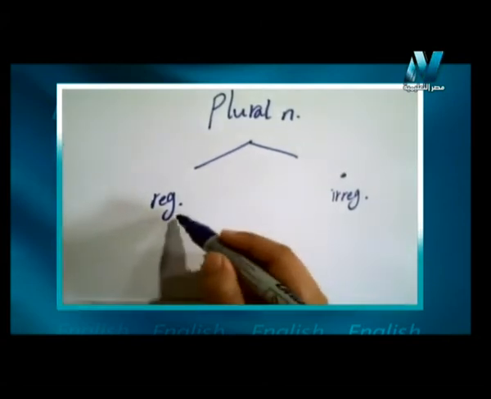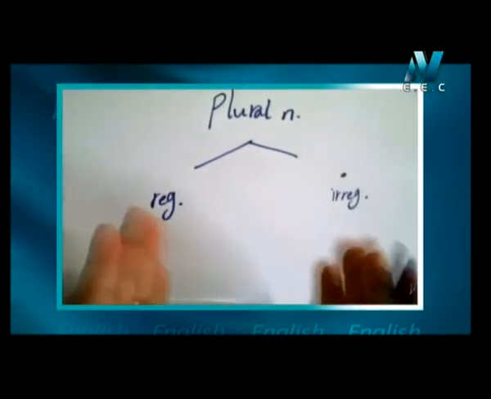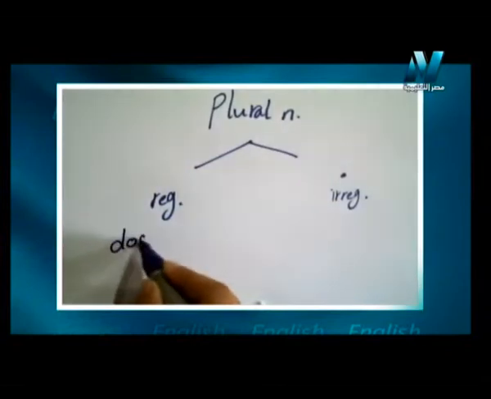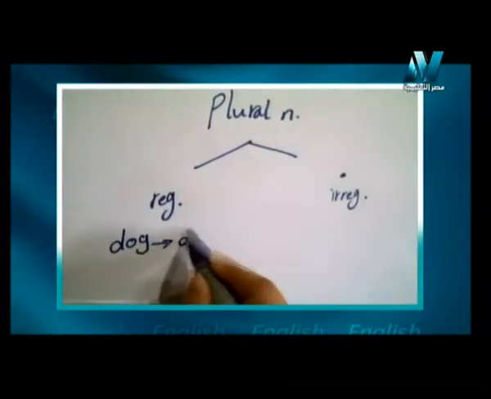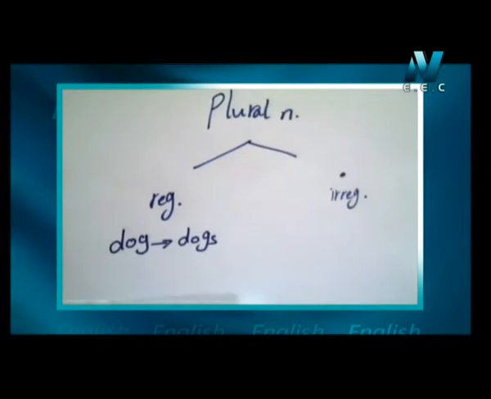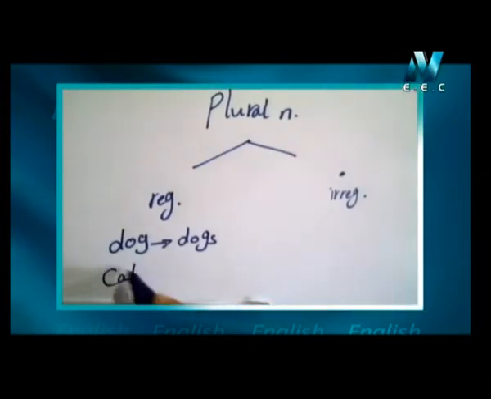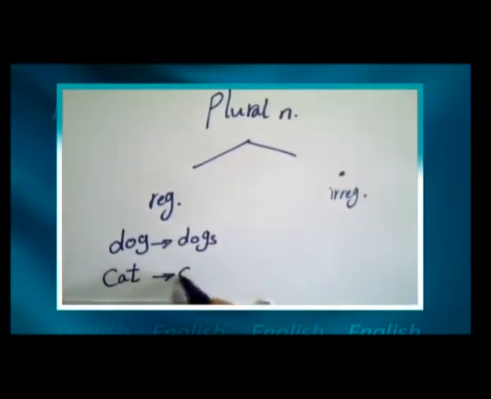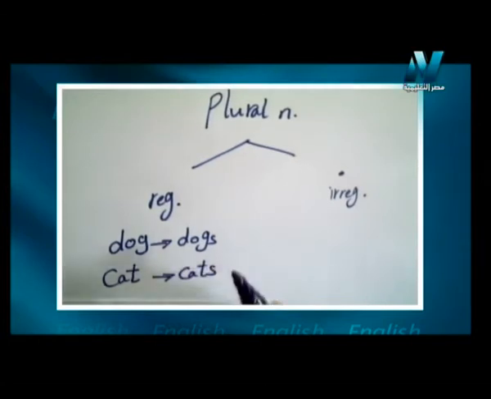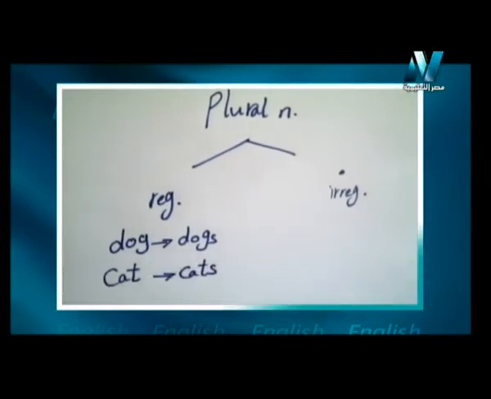Regular plural nouns, يعني البلورال العادي اللي ملهوش exception. Like what? For example, when I say dog, it's going to be dogs. Cat, cats. We are going to put only S after the word.